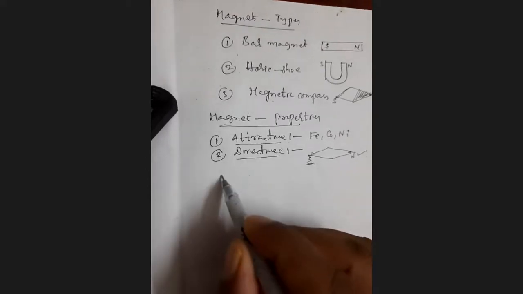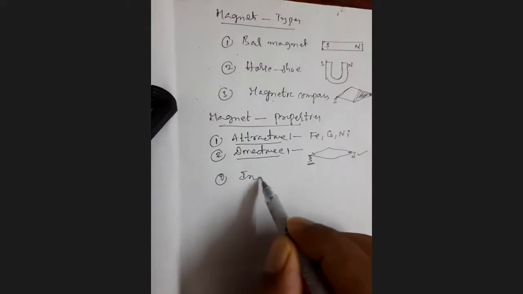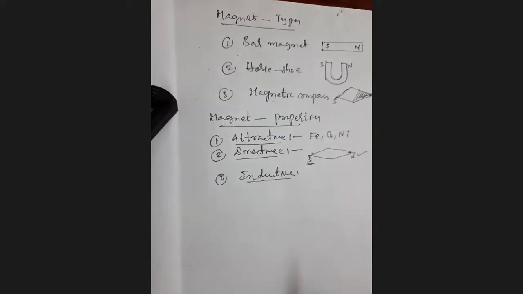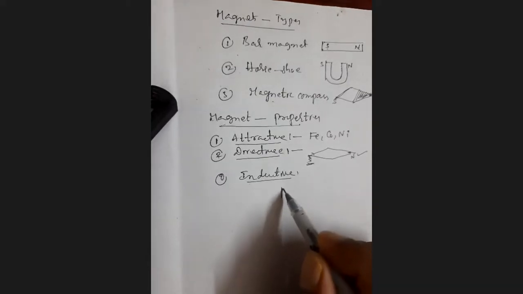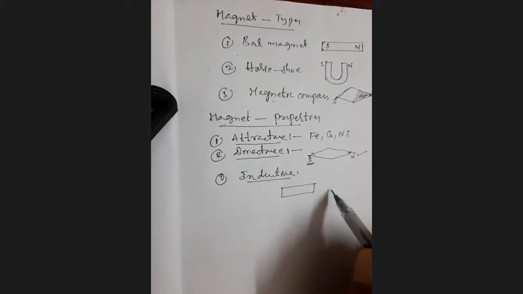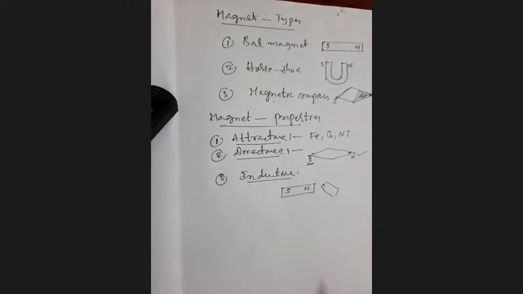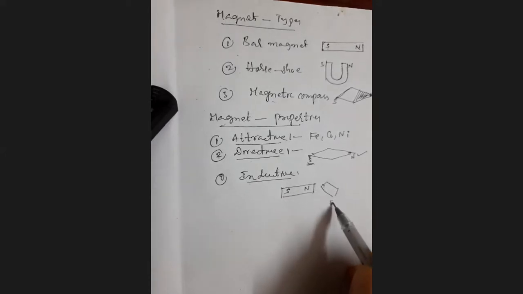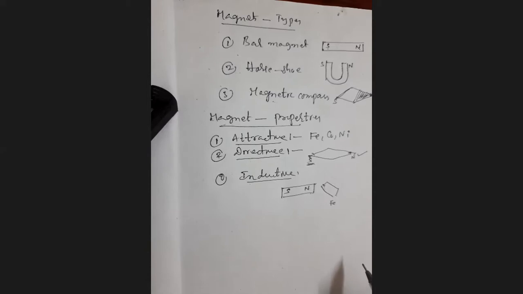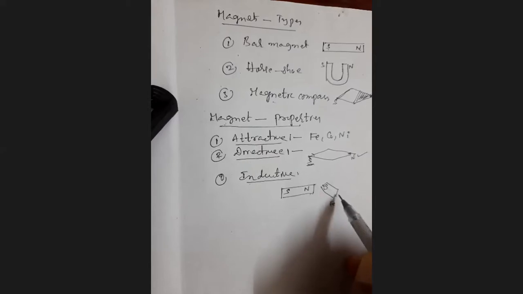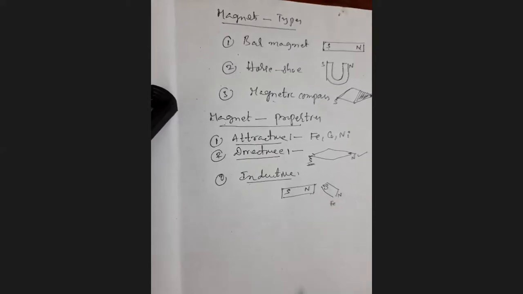The third one is the inductive property. When a magnetic material is brought near to the magnet, for example, this is the south pole and north pole, and some iron material is brought near to the magnet, then what happens? The opposite pole is induced at the nearest end, and the like pole is induced at the distant end.